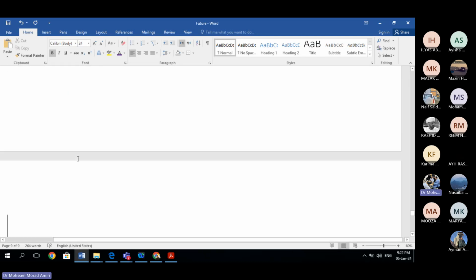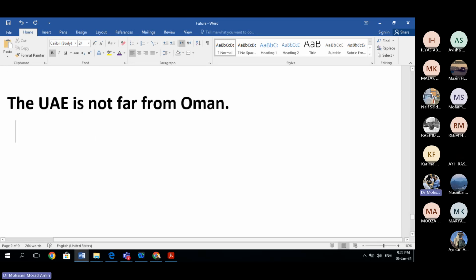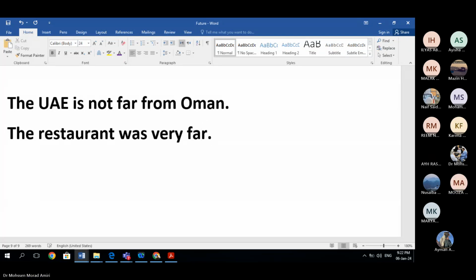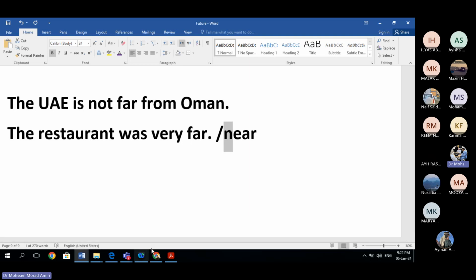Okay, or for example, if you say that the restaurant was very far. This is how to use far or near. If you're talking about in Madi, the restaurant was very far. The restaurant was or is. It makes no difference.